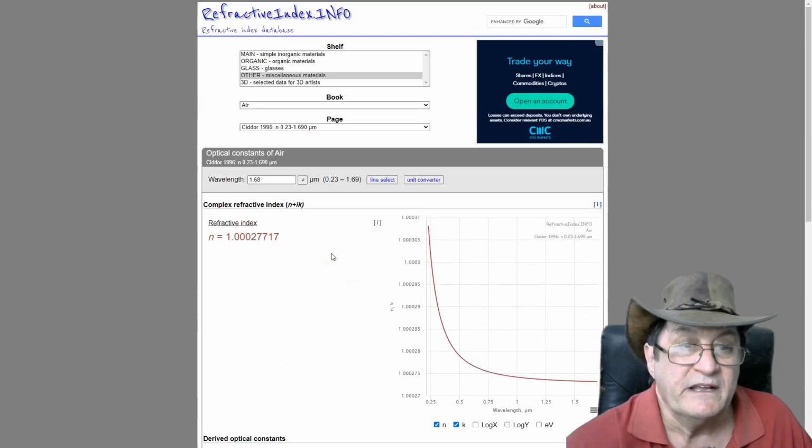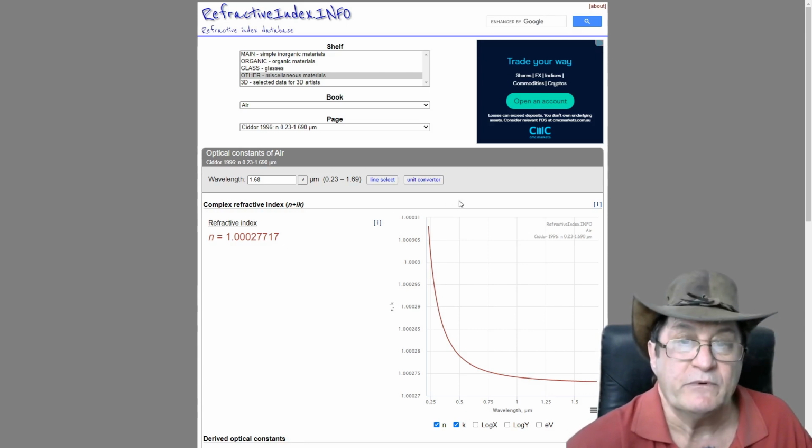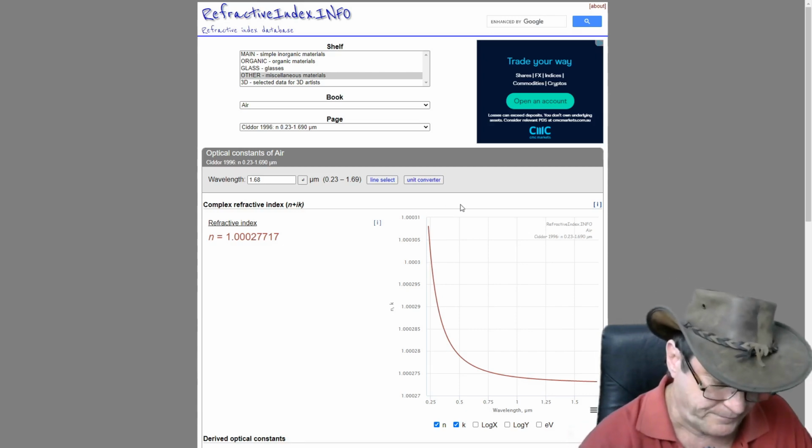I downloaded it, and I created a couple of representative refractive indexes, one at the aqueduct and one further up about 160 feet in the air, and I interpolated between them, but we'll get more into that in a minute.